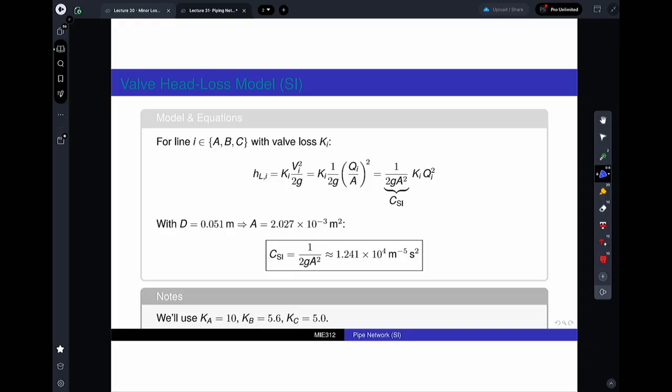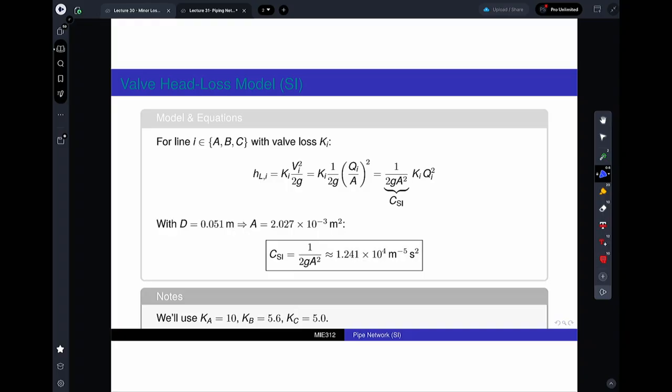You can then create a summation, and the summation on the minor losses is just going to be 1 over 2G, the cross-sectional area squared, Ki times Qi of each of the individual terms.